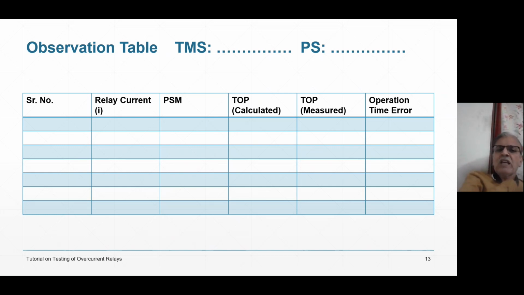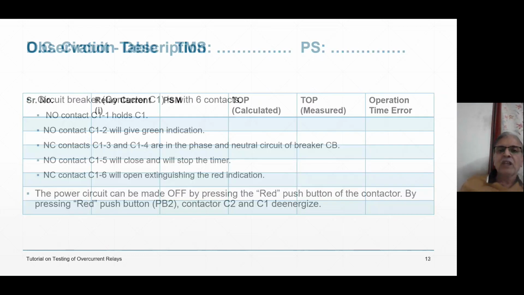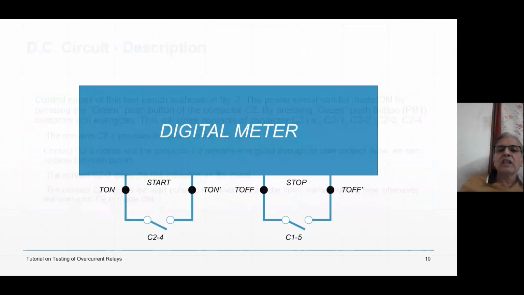TMS 1, 0.9, 0.8, 0.7, whatever you want to adjust. Then you take the reading, serial number 1, 2, 3, 4, 5, 6. What is the relay current? An ammeter has been placed in our circuit.